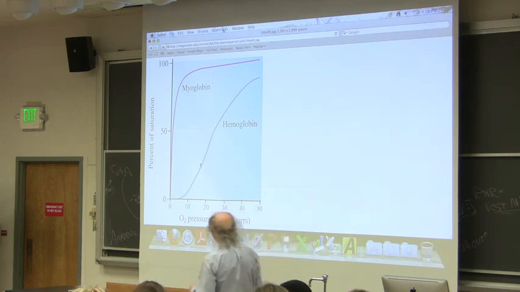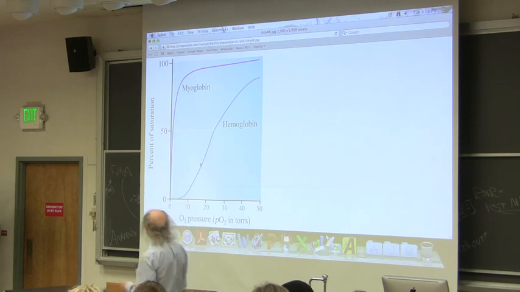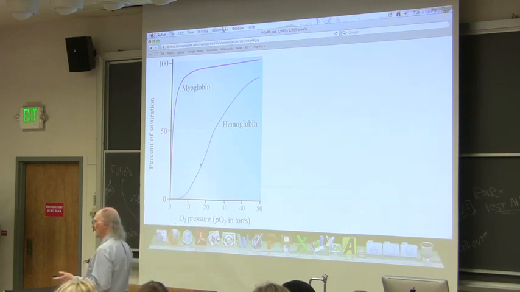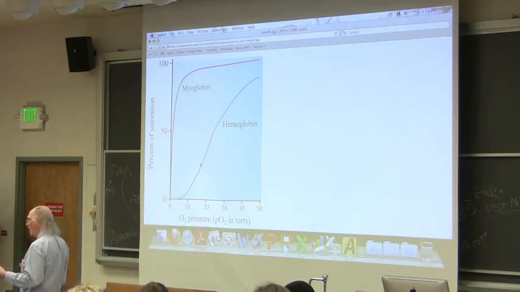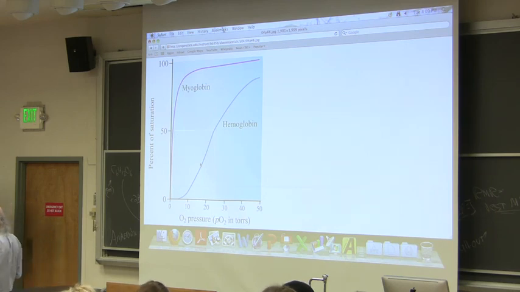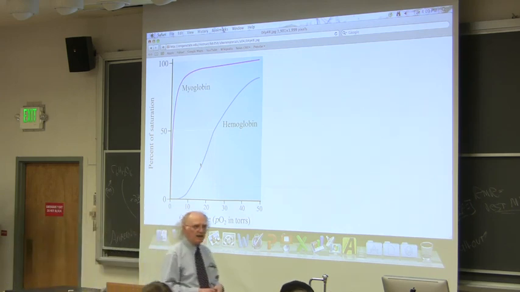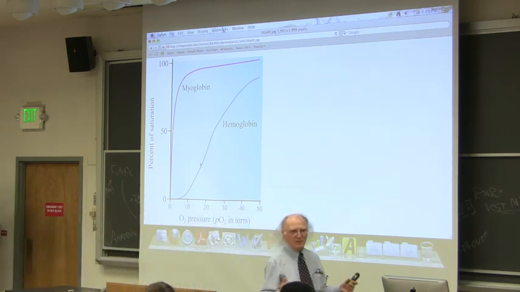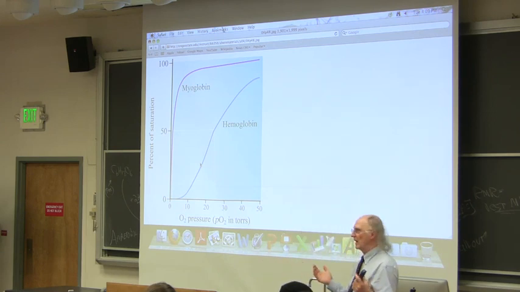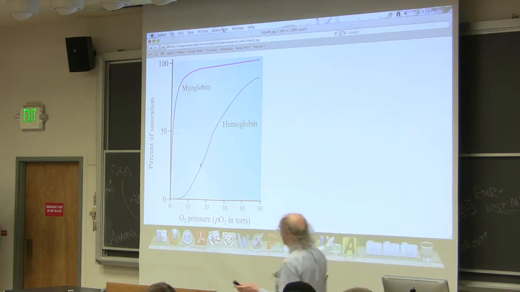Now, the y-axis here, we're plotting percent saturation. That is, what percentage of the molecules that we have in there are loaded with oxygen. On the x-axis, we're plotting the pressure of oxygen. You can think about it as the concentration of oxygen if you'd like to. Well, what do we see?